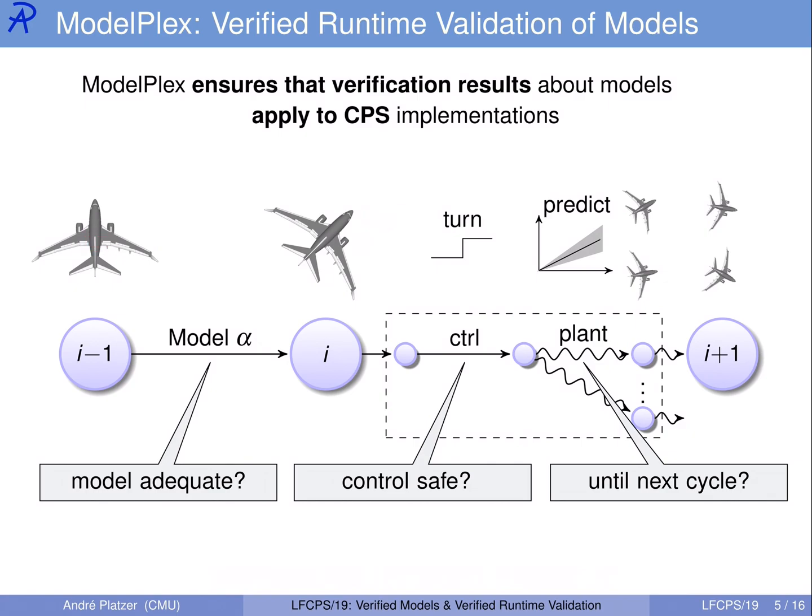Now, you have such an observed change of the system, and the question is, my model had its state transition from the old state I-1 to the new state I, and is the real observed change compatible with what the model predicted? In other words, is the model adequate for what reality did to us? And that will be monitored by the model monitor. But within one of those transitions from an old state to the new state, can we actually do a little bit better also?